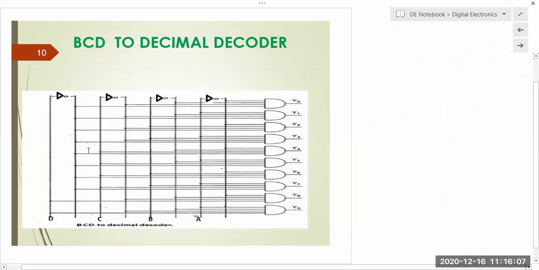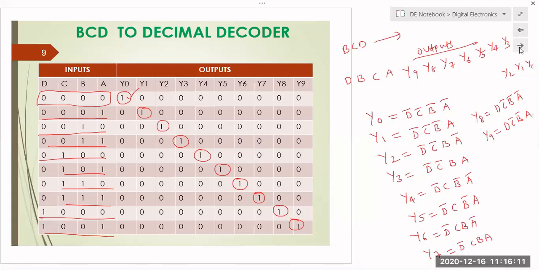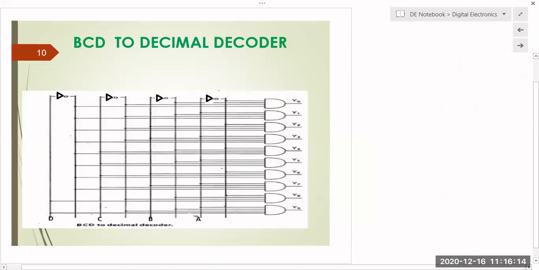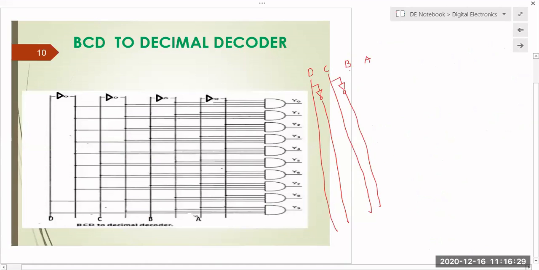So that's why you can draw in the same manner. Okay. So drawing this is easy. How can I draw? I will take D, C, B, A. And this is C, your C prime, and this is your B, and this is your B prime, and this is your A, and this is your A prime.